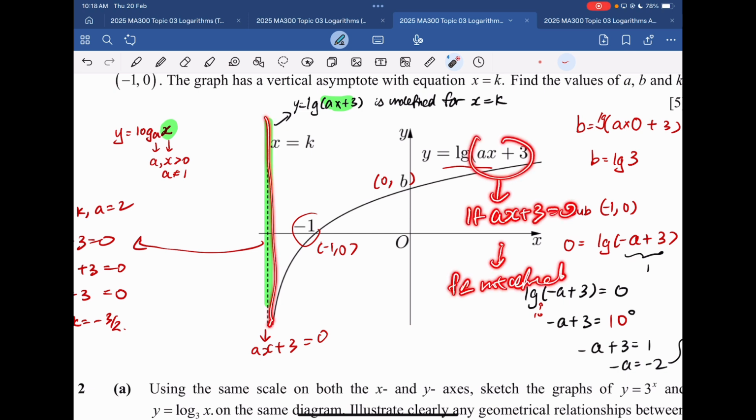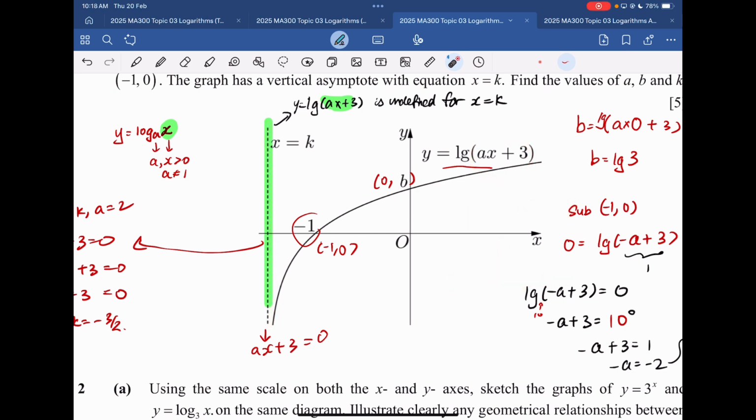This is the line where ax plus 3 equals 0. Over here, ax plus 3 is positive; over here, ax plus 3 is negative. It is not defined. So at this point, ax plus 3 is 0.